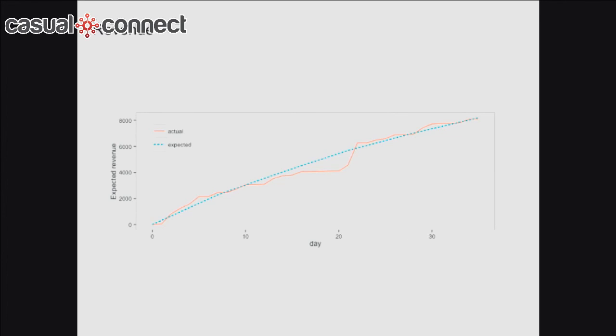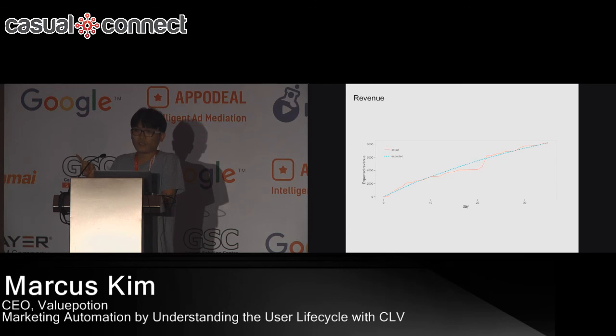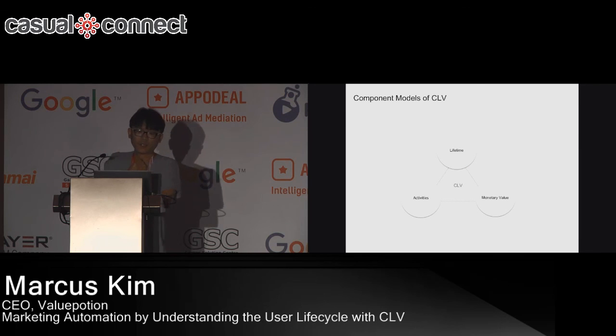As you can see, the predicted data is now close to the real data. Eventually, we gained the insight from this experience that three models are important and suitable to predict customer lifetime value.